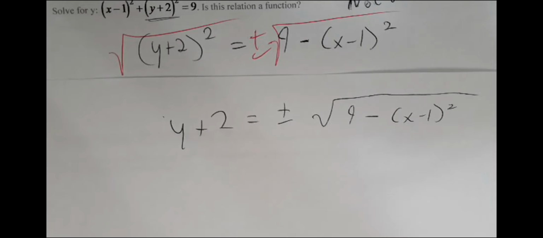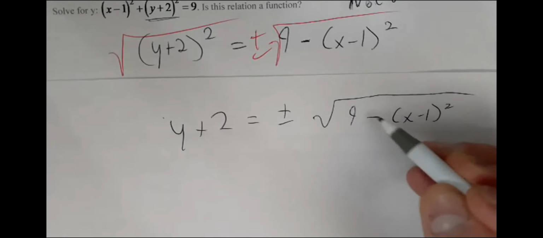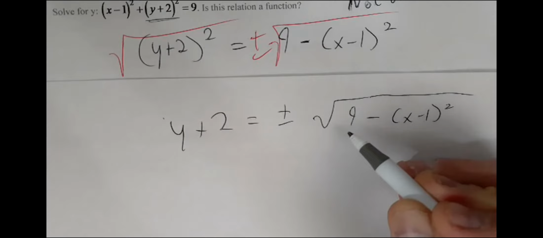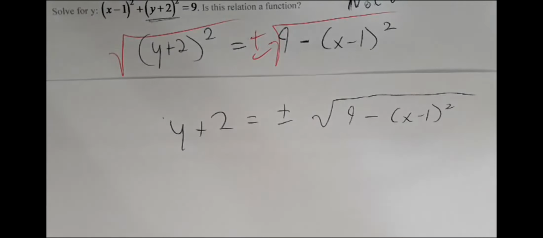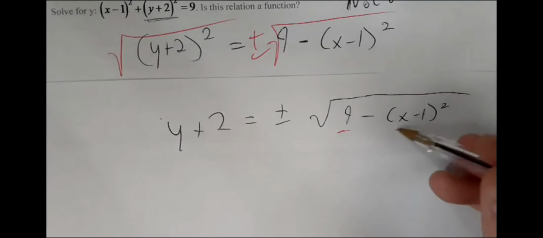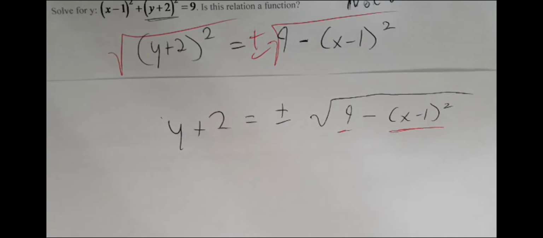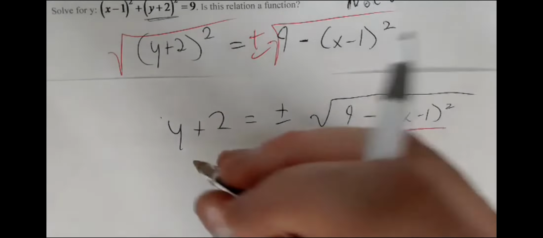But we have addition and subtraction that separates terms. So we have different terms underneath the square root. This is one term and this is another. We can't start simplifying things across terms. If that was multiplication, you'd be okay, but it's not. So don't try to simplify things there.